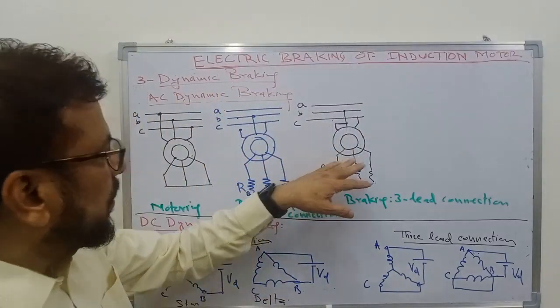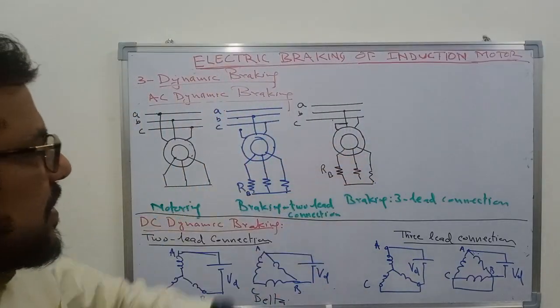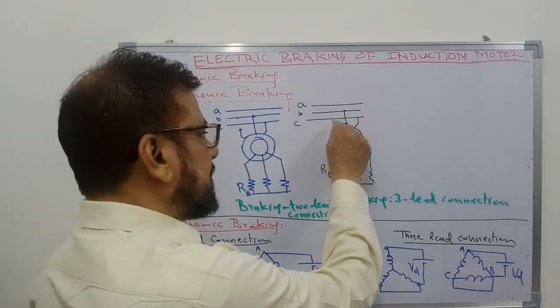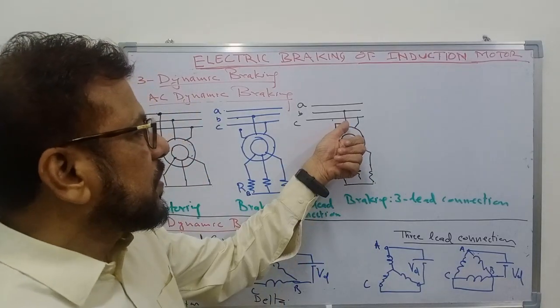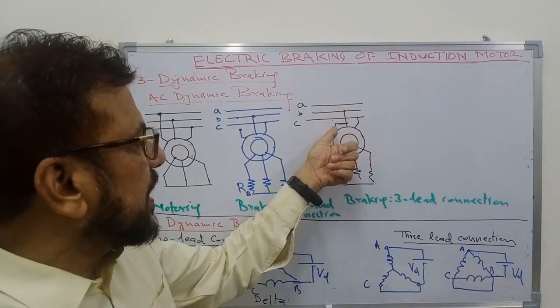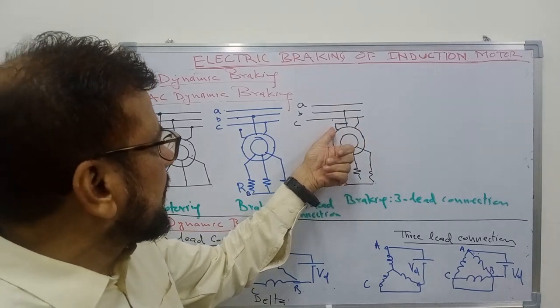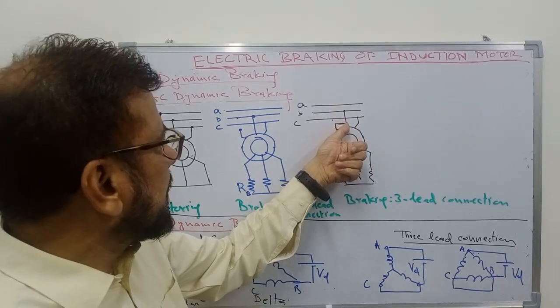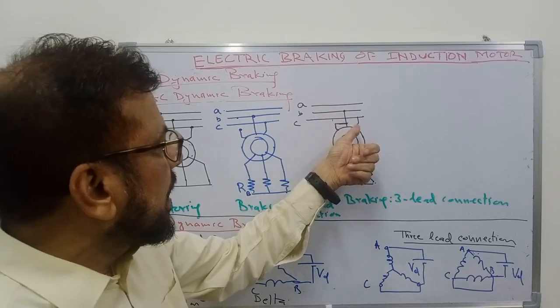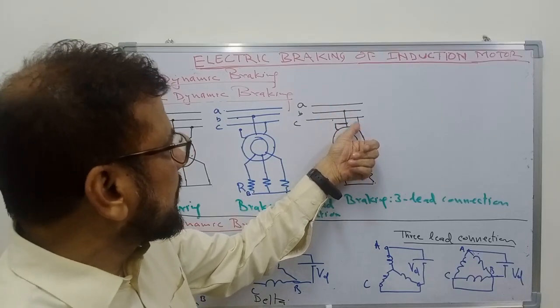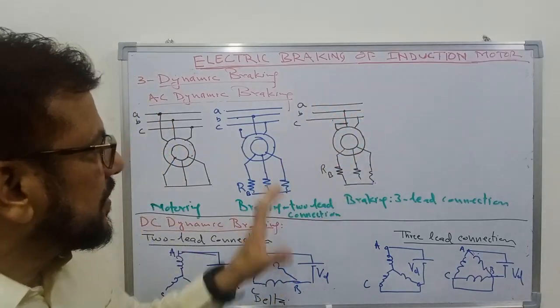Similarly, in the three-lead connection, the third terminal is connected to the same supply. So phase B and phase C are connected to the supply as before, and the third phase is connected as well.